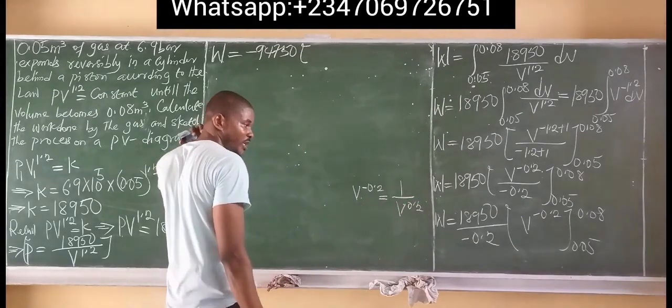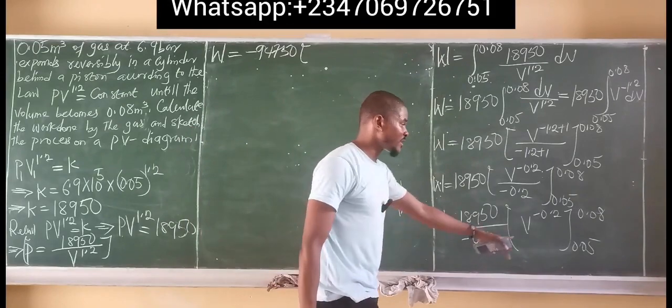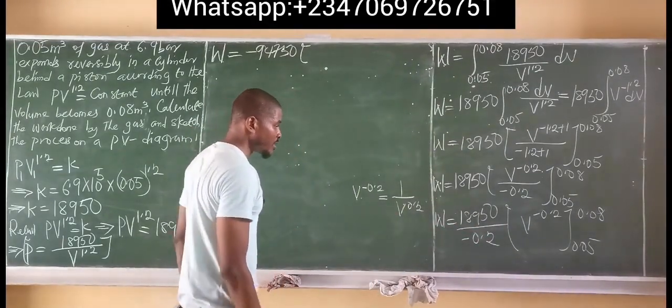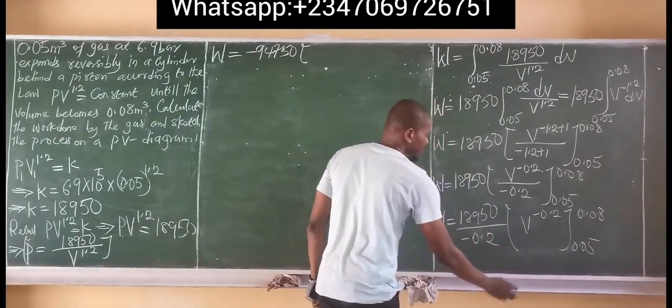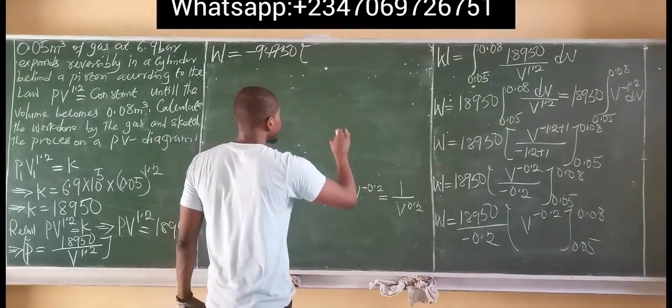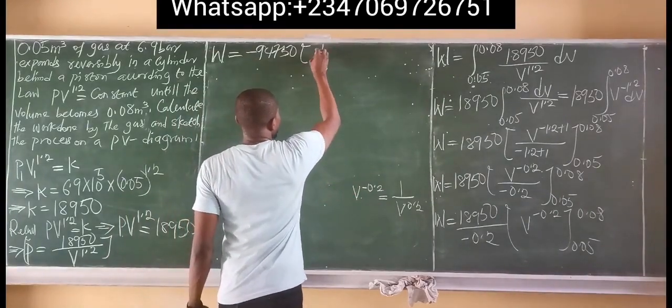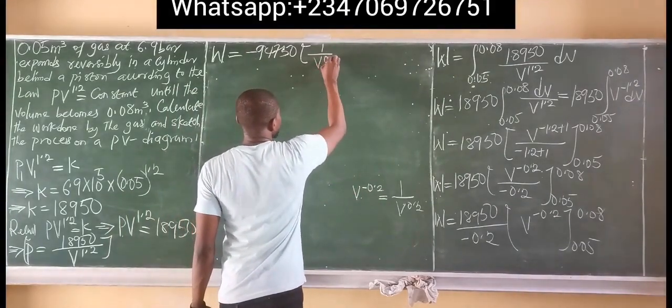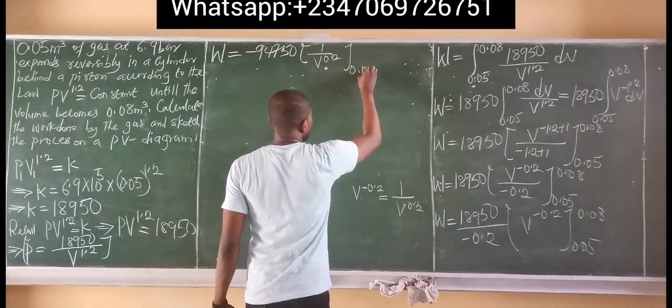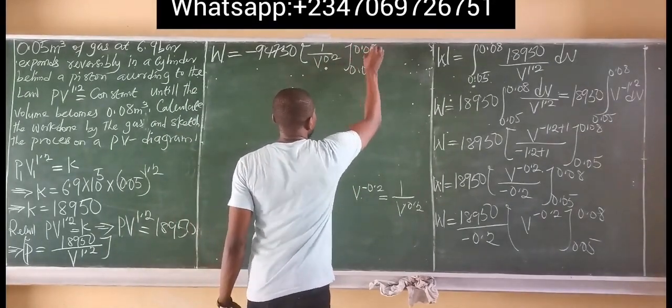Or you can still solve with it like this, but I prefer to solve mine like this to make it easier for me, but you can also solve continuously as v to the power of minus 0.2. So this can now be written as 1 all over v to the power of 0.2. You put in your limit, lower limit 0.05, upper limit 0.08.